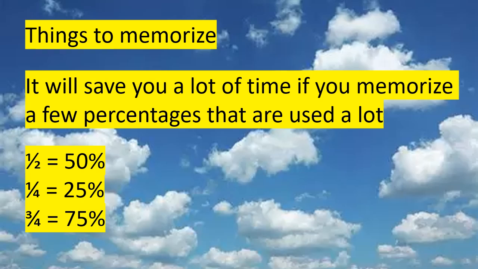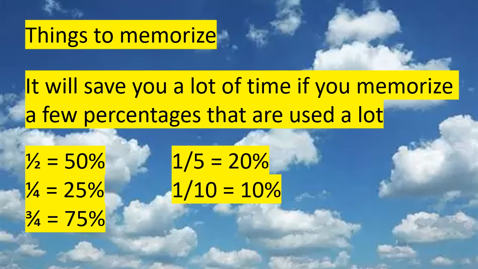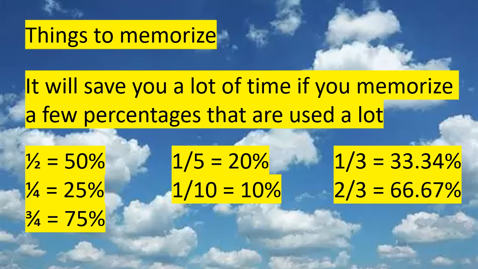So half equals 50%. Quarter equals 25%. 3/4 equals 75%. 1 over 5 equals 20%. 1 over 10 equals 10%. 1 over 3 equals 33.34%. 2 over 3 equals 66.67%. If you memorize those ones, they will save you a lot of time along the way.